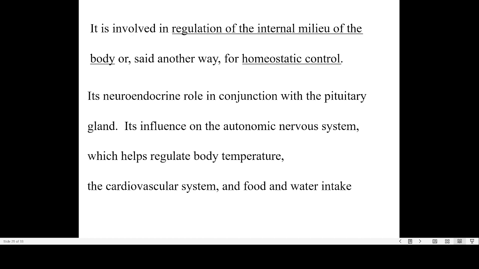It is involved in regulation of the internal milieu of the body, or said another way, homeostatic control. Its neuroendocrine role is in conjunction with the pituitary gland, that is endocrine related.